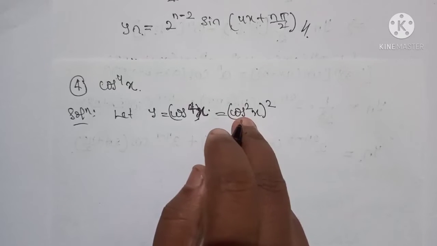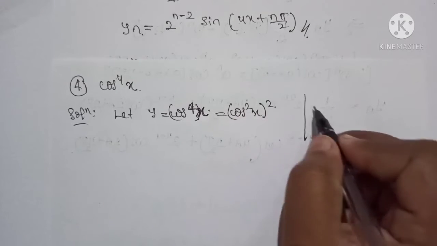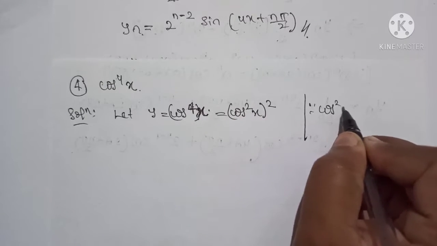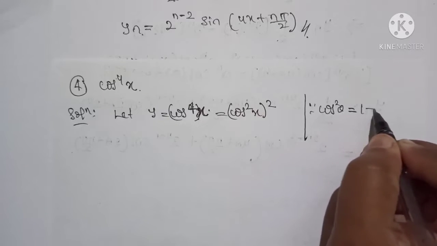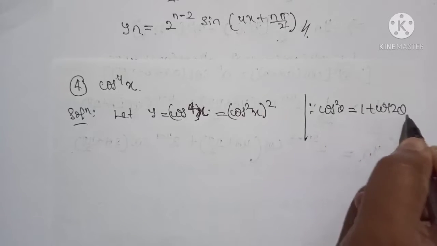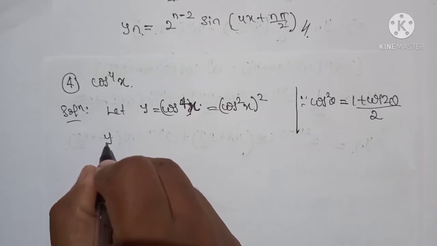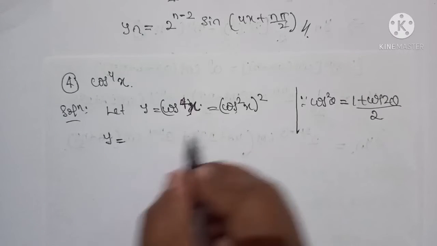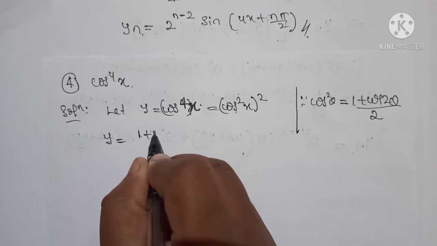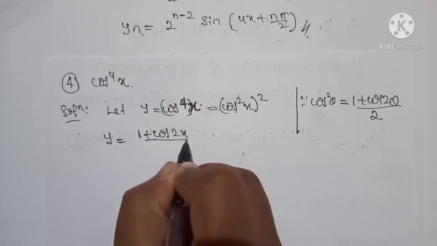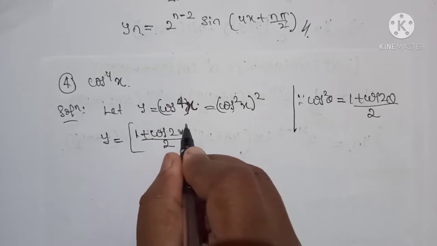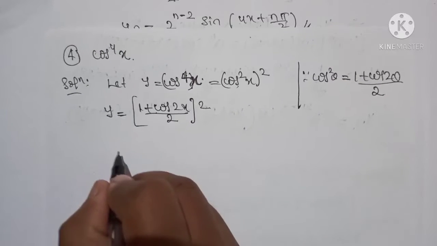Now we apply the cos square theta formula, that is cos square theta equals 1 plus cos 2 theta divided by 2. Applying this formula we get y equals 1 plus cos 2x divided by 2, whole power 2.